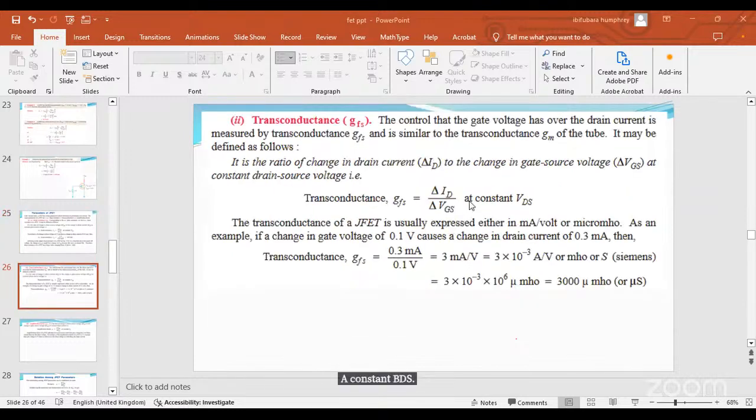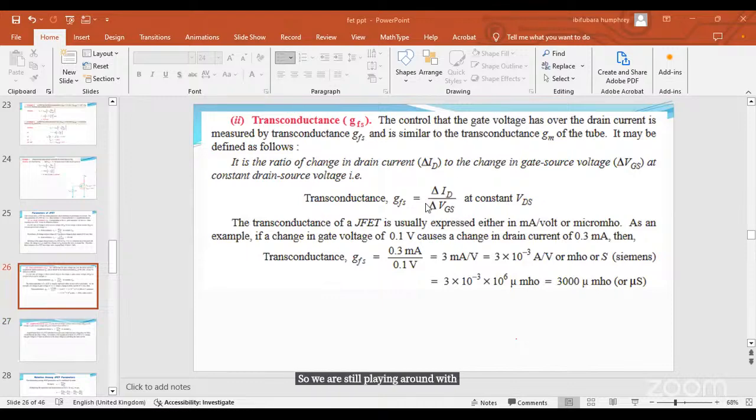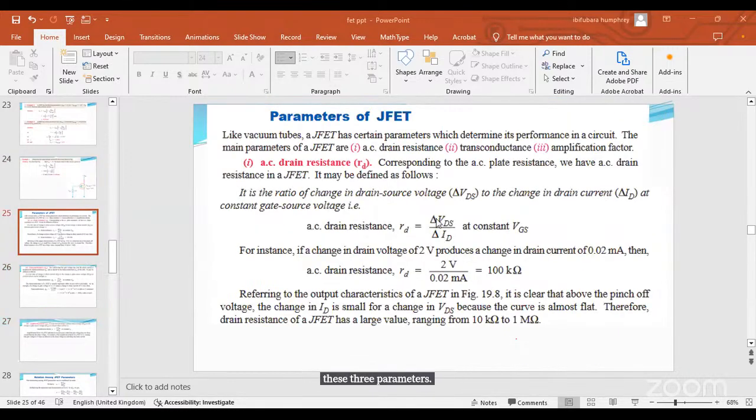So at any time, either VGS or VDS is constant for these parameters. Then the amplification factor is VDS over VGS at constant ID. So we are still playing around with these three parameters, which are VDS, ID, and VGS.